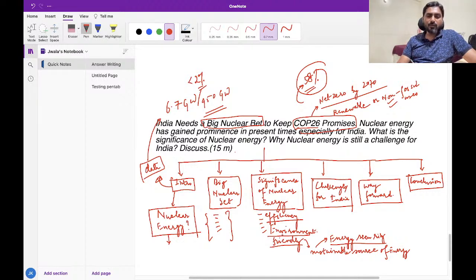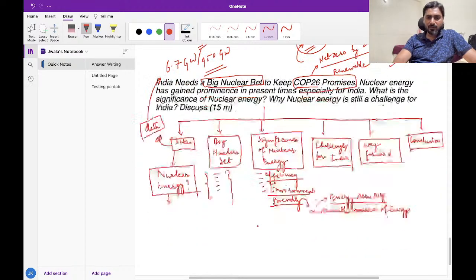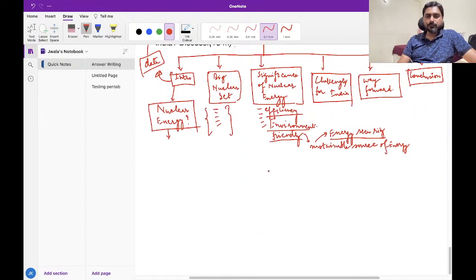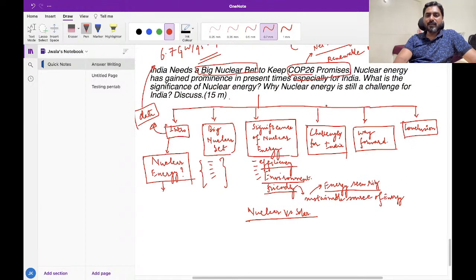Now, let us compare nuclear versus solar in significance only. We are talking about how we have to bet big on nuclear.